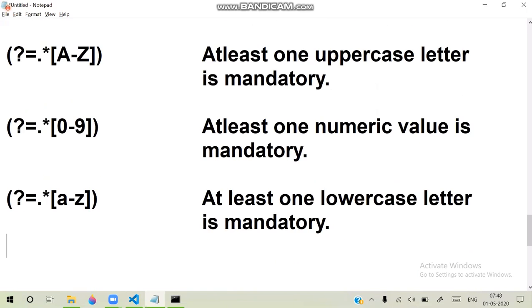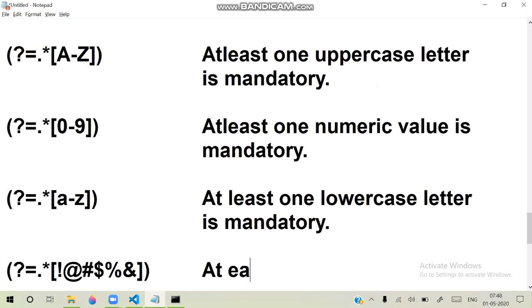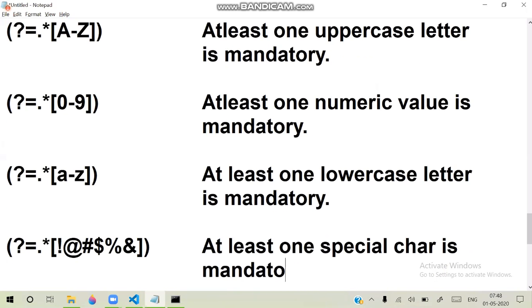And if I write some special characters there, this indicates at least one special character is mandatory.